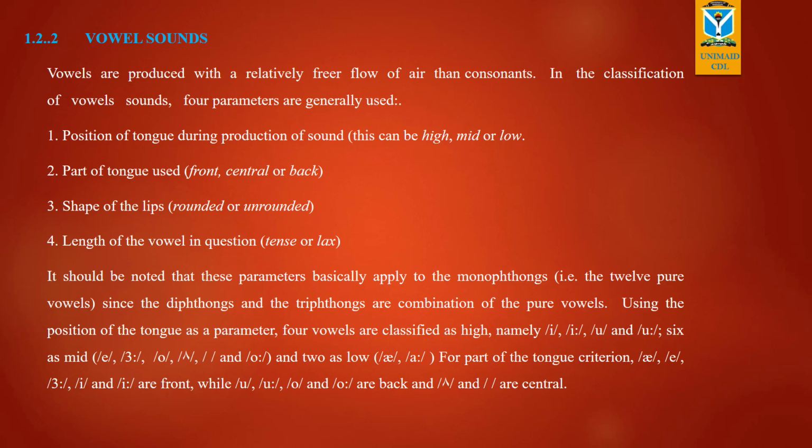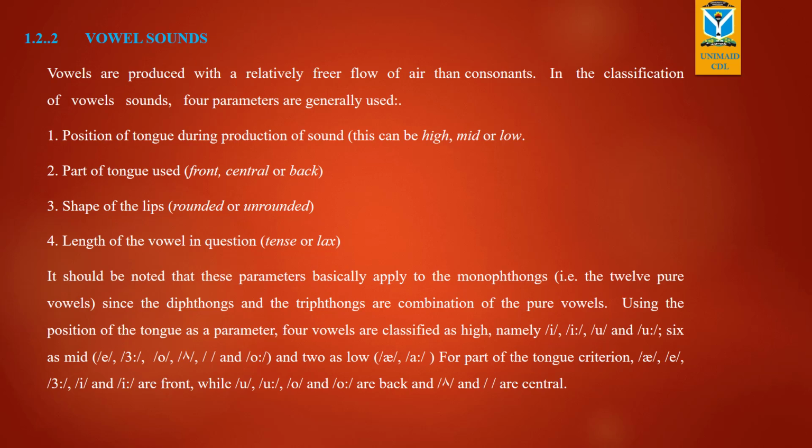Using the position of the tongue as a parameter, 4 vowels are classified as high. That is when we look at it from what? The first parameter, position. Position of what? Of the tongue. That tells you that the position of the tongue is high. For the mid vowels, you equally have these vowels.